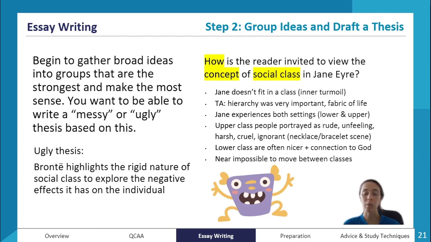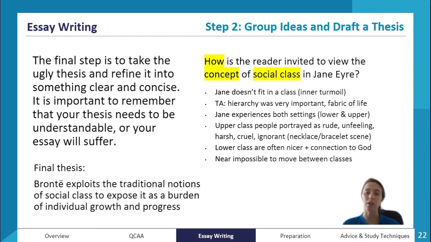It may not be perfect, it may not be the one that you end up using, but it's giving you the general direction that your essay is going to be going in. An example: Bronte highlights the rigid nature of social class to explore the negative effects it has on the individual. So again, taking those ideas that we've come up with, grouping them together, and coming up with that draft thesis.